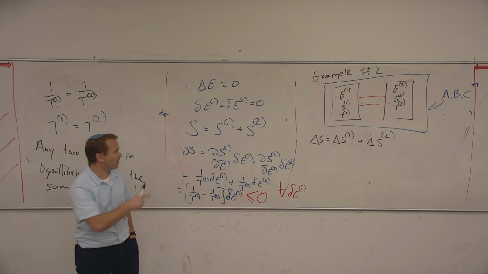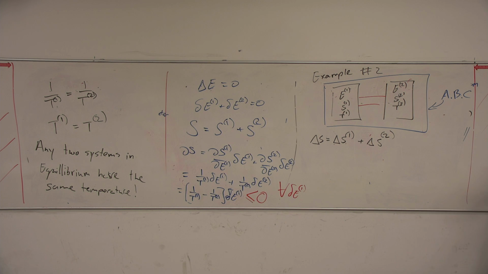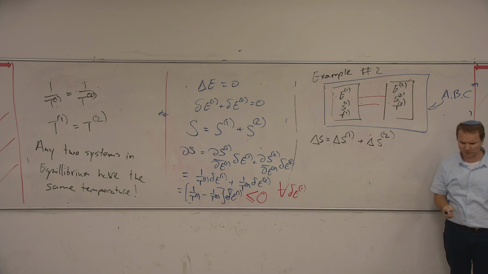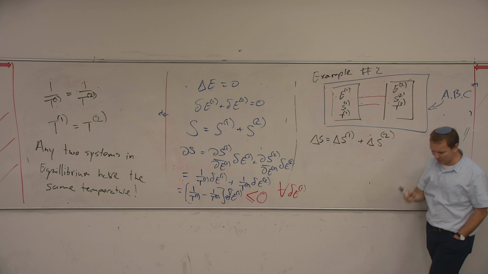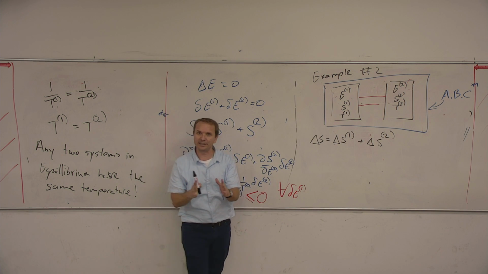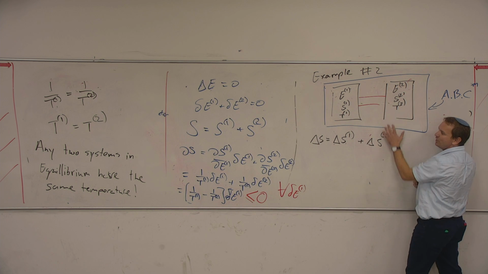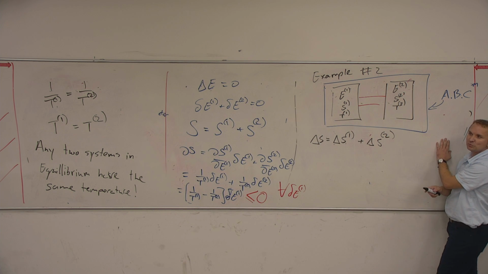Okay, so what is this going to be? Yes. Don't be fooled by the maximal entropy principle. The maximal entropy principle applies when the system is in equilibrium already. Here the system is not in equilibrium, something is going on, and only afterwards it reaches equilibrium.